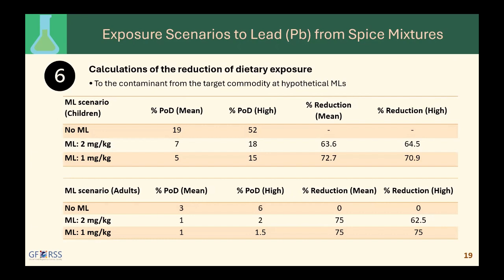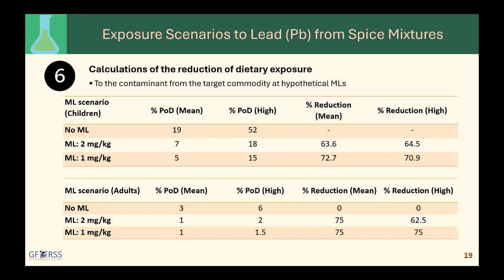So look, if I will be enforcing an ML of 2 or an ML of 1, spice mixtures will be contributing to which percentage of my POD? You remember? My point of departure. Or in another situation, my TDI, my tolerable daily intake, my health-based guidance value, my hazard characterization. Okay?